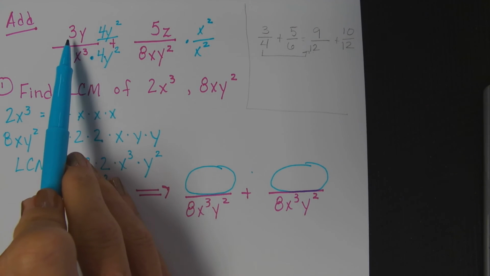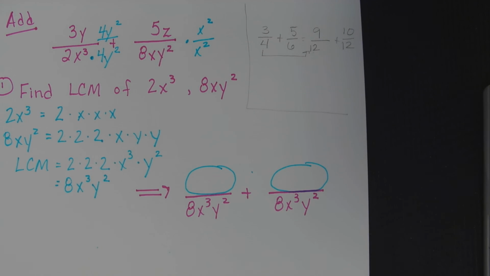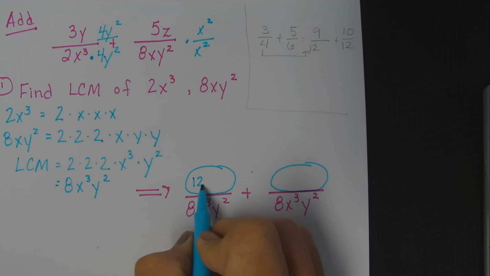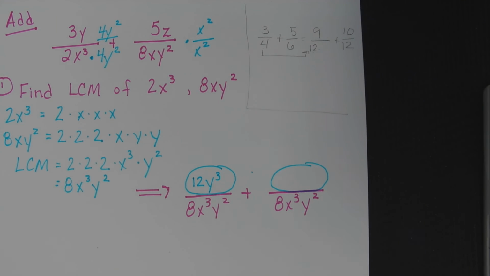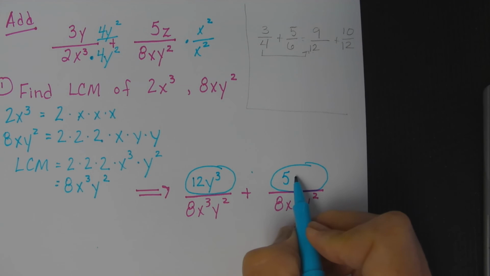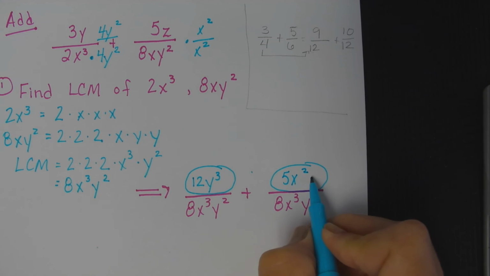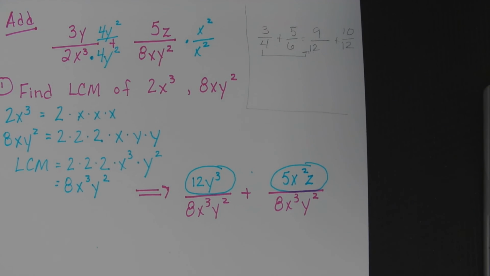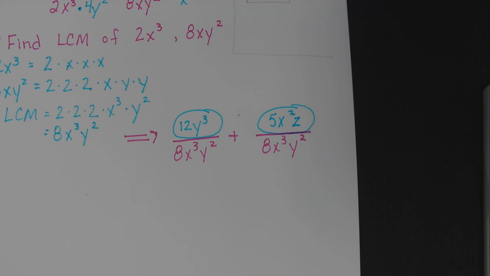Now you just multiply. 12y to the third, good. And then 5x squared z.